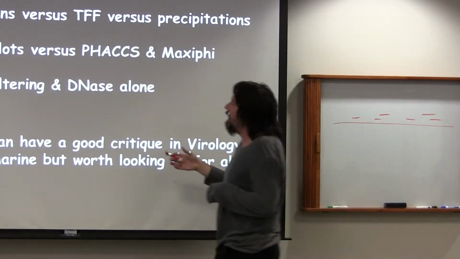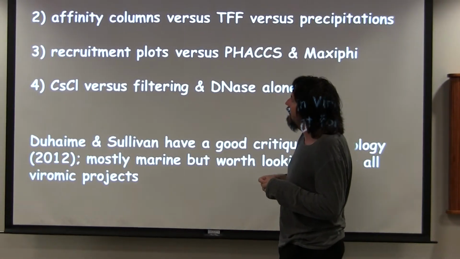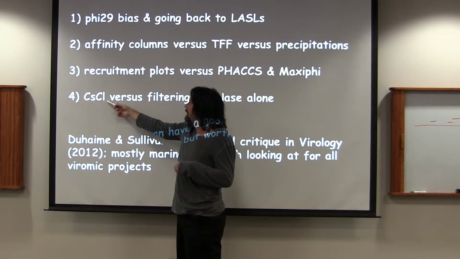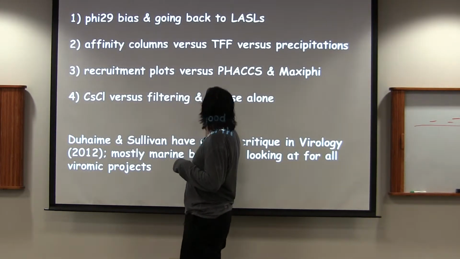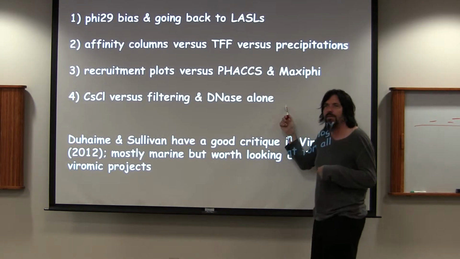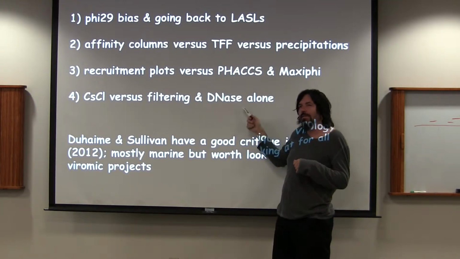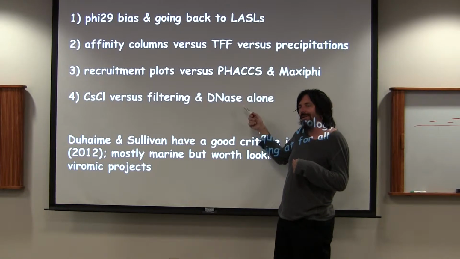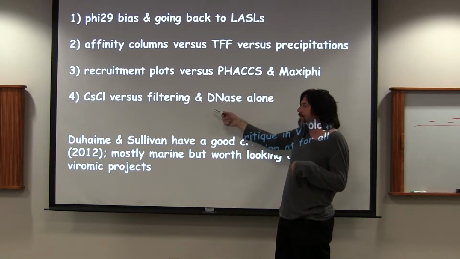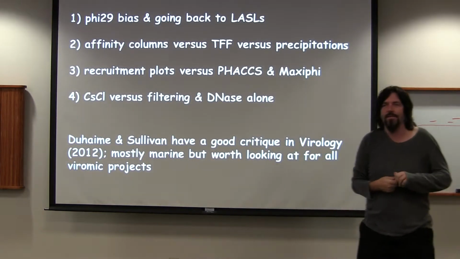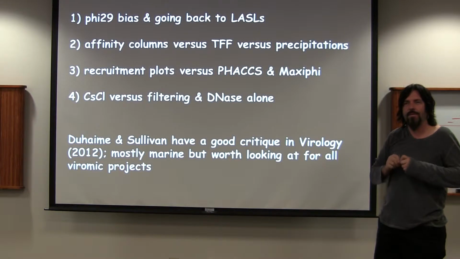And then finally, the other things that we need to start considering. So, cesium gradients versus filtering and DNase alone, right? So we've used this more in the human system because there's often not enough viruses to work with. So this is Alander, is that how you say his name? Do you remember?